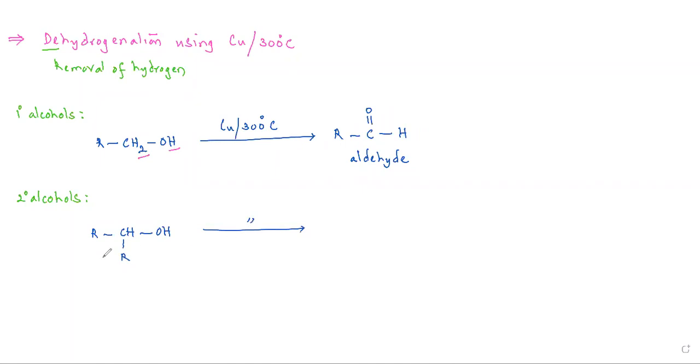When passed over copper at 300 degrees centigrade, same thing, remove a hydrogen. You will get a ketone. If you want, you can take this way. Unsymmetrical ketone is what you get.